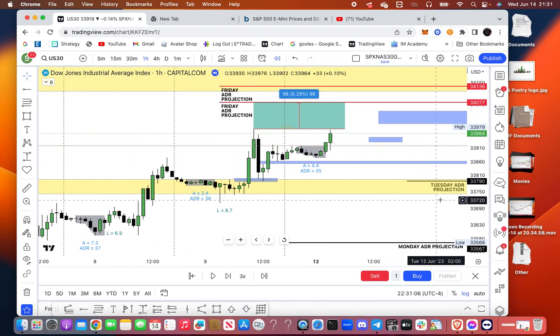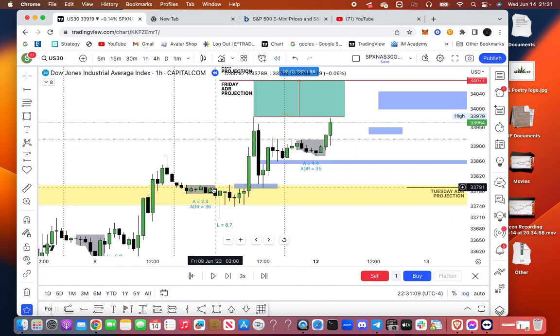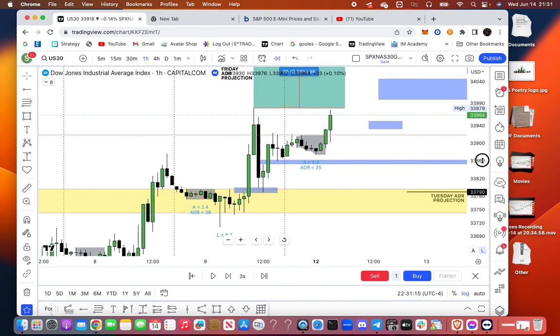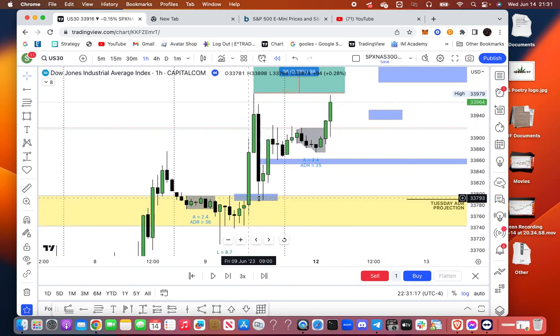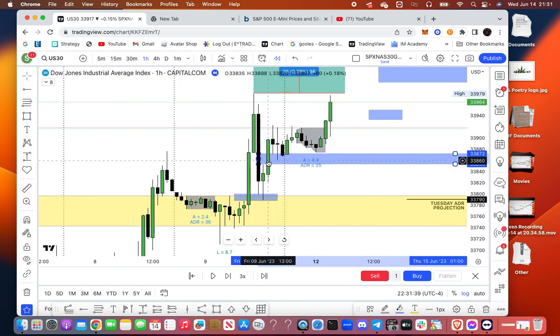Now what I want you to notice also, on Friday, is that a fair value gap was created right here. The market went up and came back down to this gap, and went up again. Then it created another gap here. See this gap? It created that gap, then came down to here and went up.